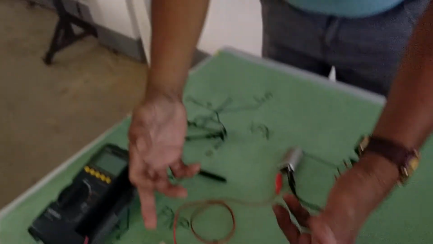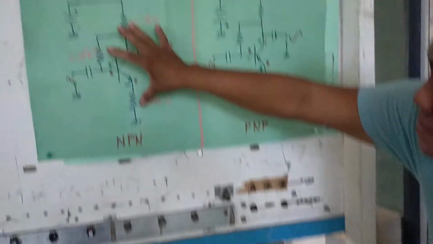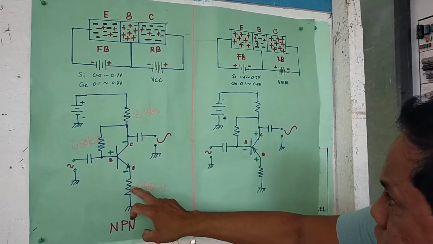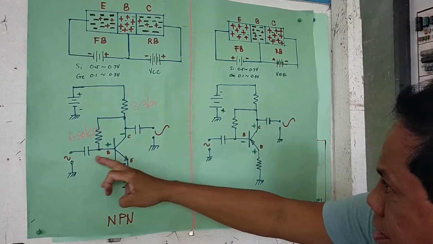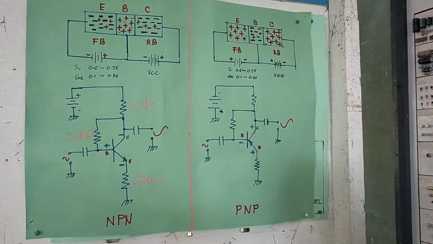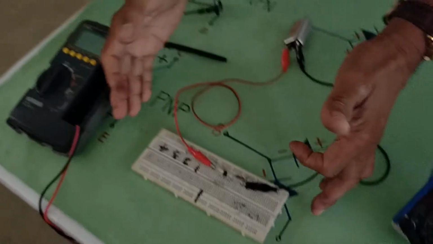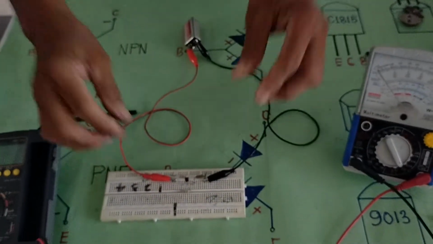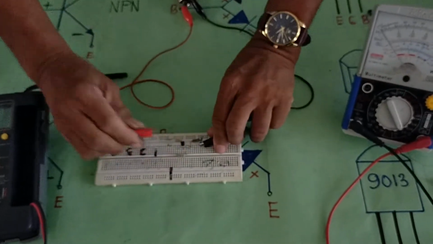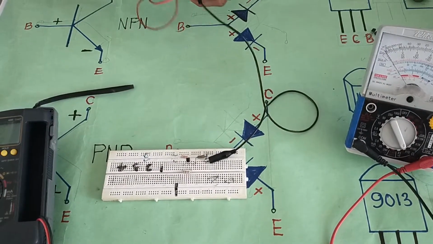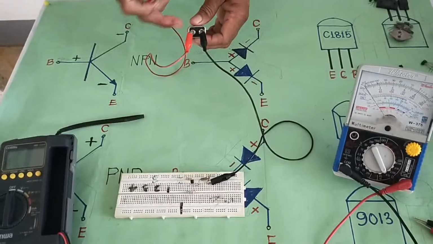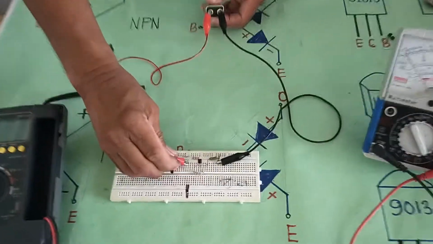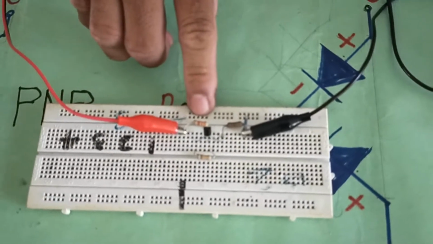We have here a circuit based from this diagram. There are three resistors and a transistor. The capacitors are not included here because we are only measuring the DC voltages. Okay? We have here an external power supply, wherein the positive side is connected to this resistor, 3.3 kilo ohms.